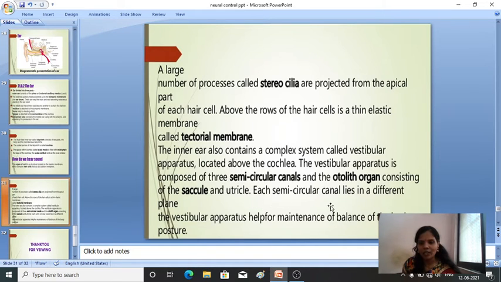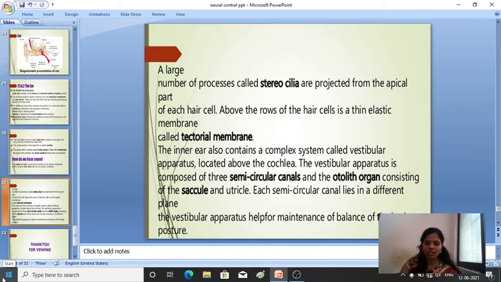Each semicircular canal lies in a different plane. The vestibular apparatus helps in maintaining the balance of the body posture.